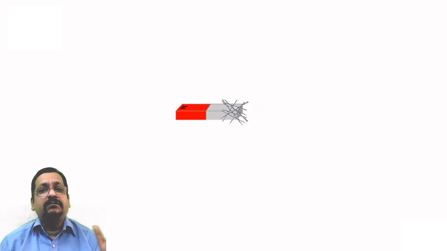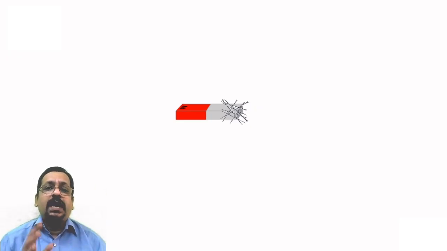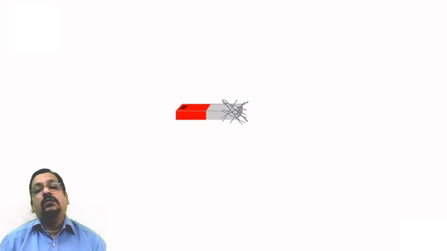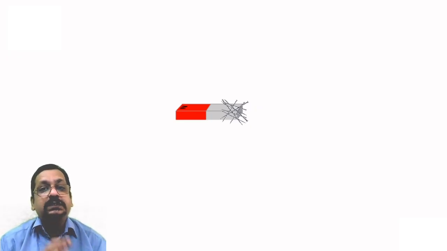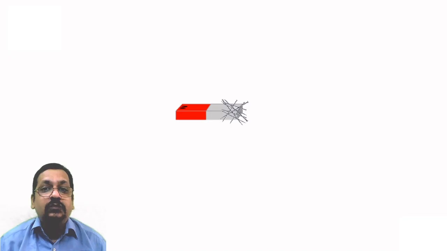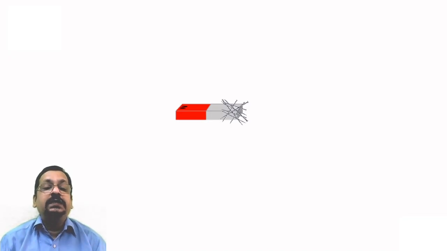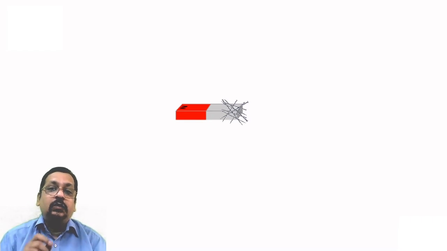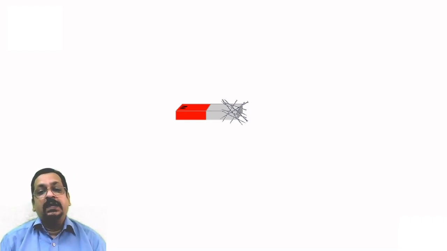The magnet is at one corner of the room and the pins are kept in another corner of the room. Will you observe such attraction then? The answer is no. To have this kind of attractive force act between them, we need to bring that magnet close to the pins. And at a certain minimum distance between them, you will find that the pins are getting attracted towards the magnet.